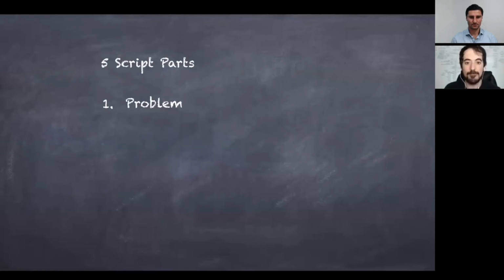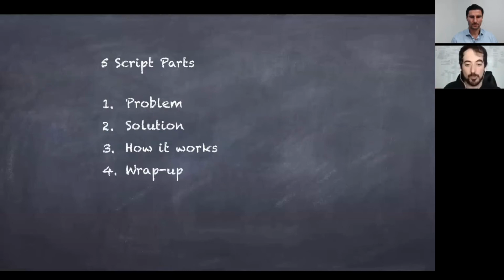And so they create a very unique, easy to understand and easy to use system, which is called Fmv. The second part is we explain what is the solution that is solving that problem. Then we go a little bit into the actual how it works. So you have to log in here, and this is how the interface looks like. Then we go into what we call the wrap-up.